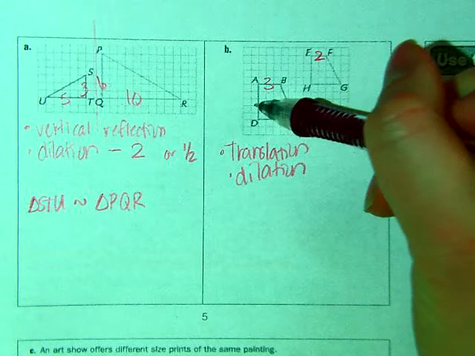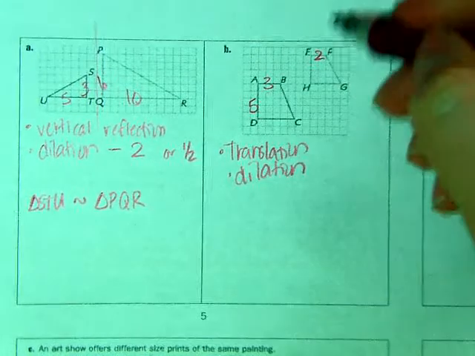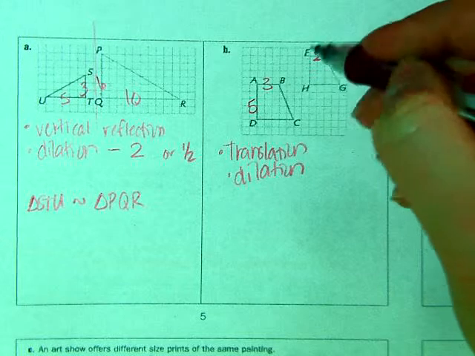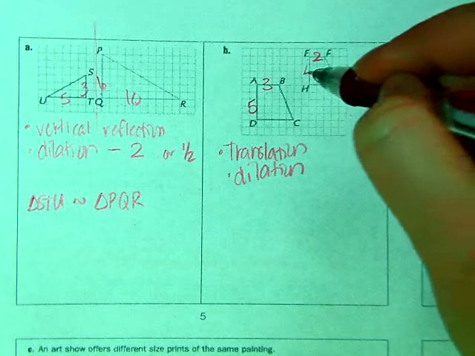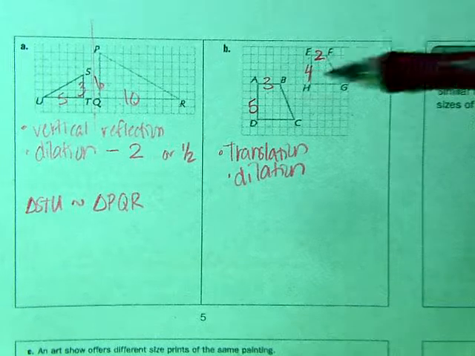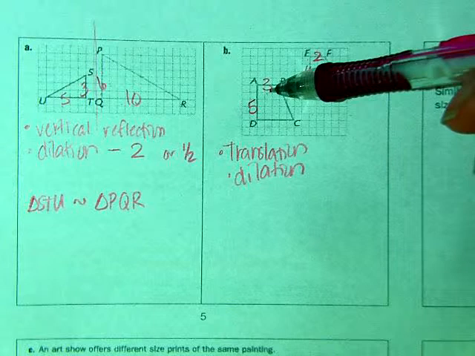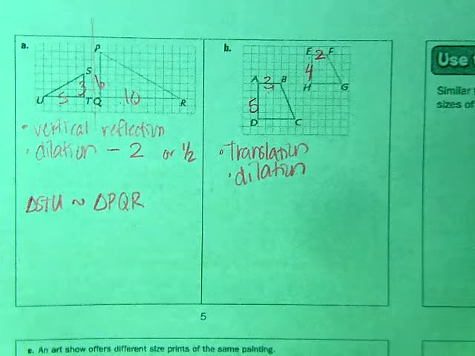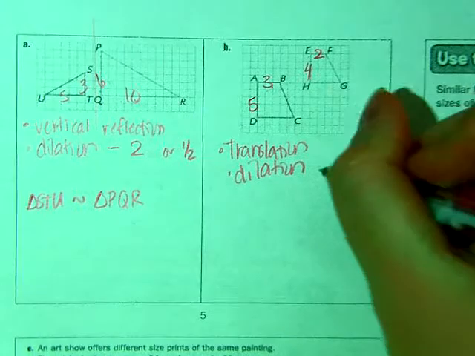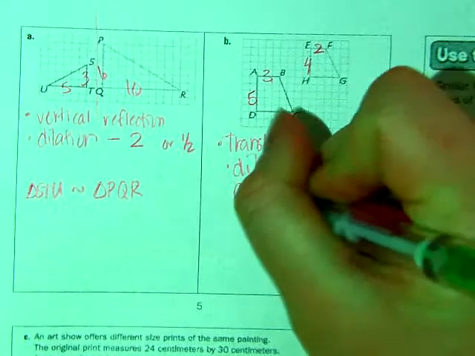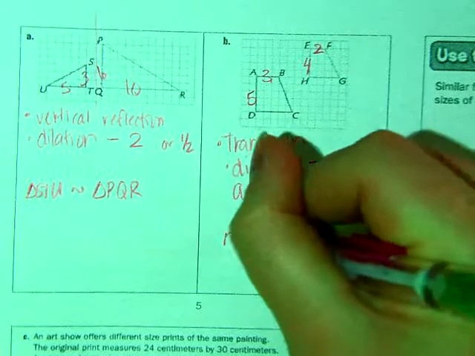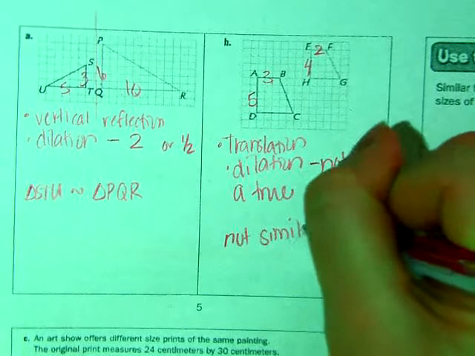1, 2, 3, 4, 5. 1, 2, 3, 1, 2, 3, 4. So if we put the corresponding sides over each other, 2 to 3 is 2/3. 4 to 5 is not the same as 2/3. So this is not a true dilation. These are not similar. So there is no similarity statement.